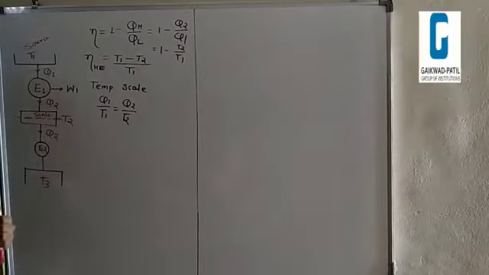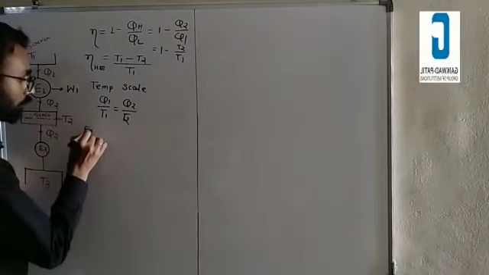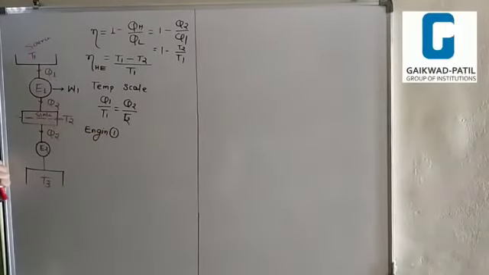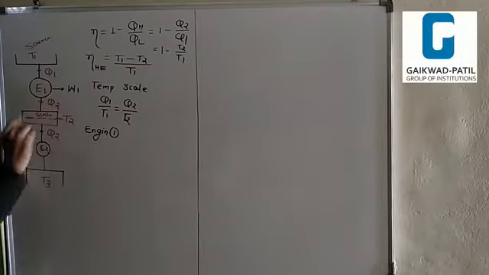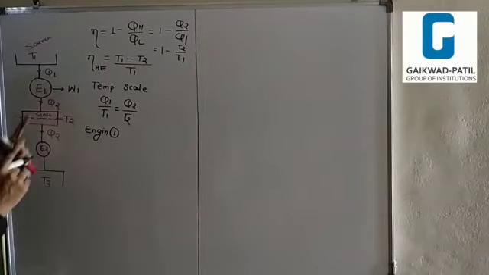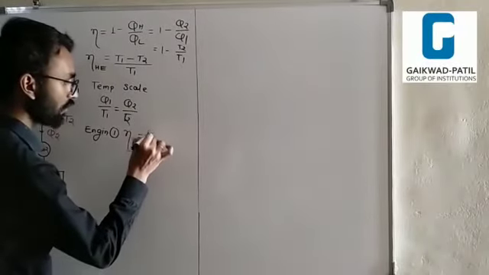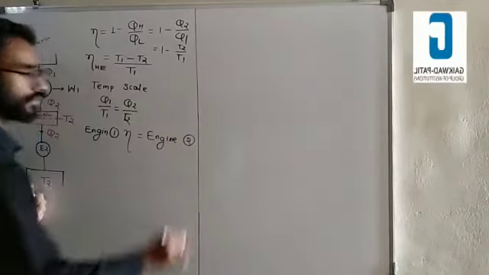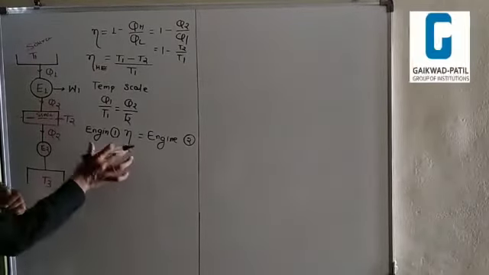Now look at engine number 1. When the efficiency of engine number 1 is equal to the efficiency of engine number 2, you can calculate the intermediate temperature like this.